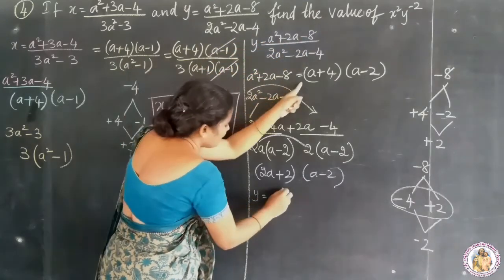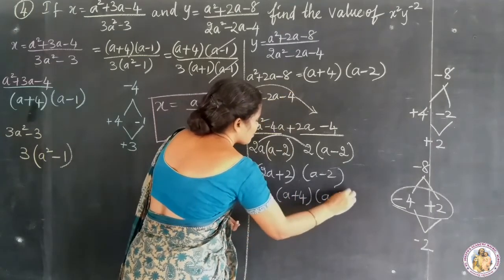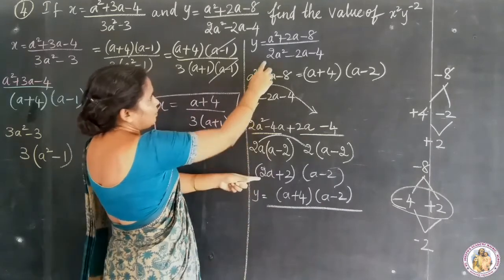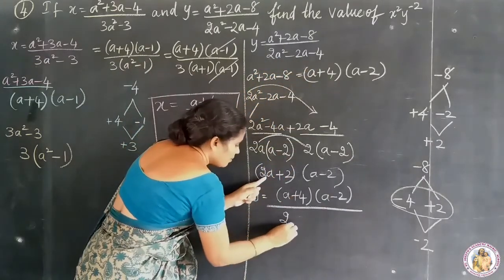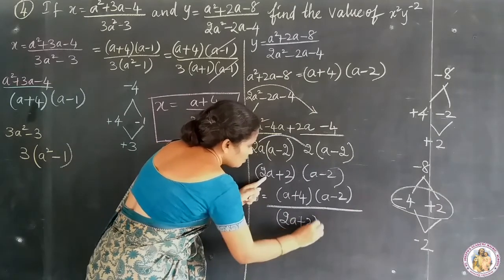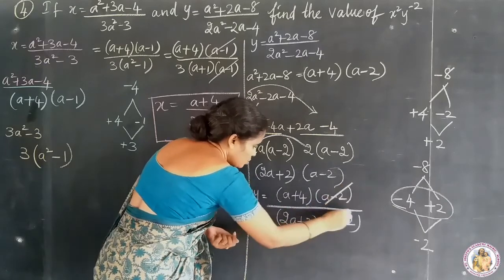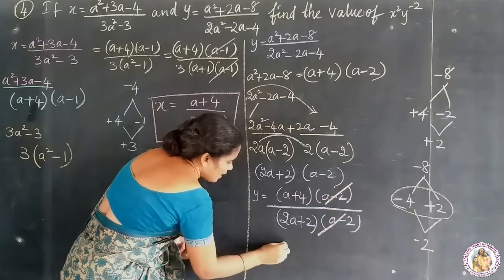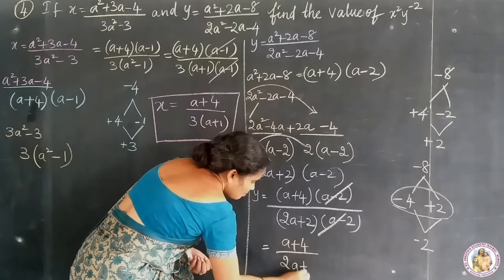We have a plus 4, a minus 2 divided by, for 2a square minus 2a minus 4 we got 2a plus 2, a minus 2. So cancel a minus 2, plus we have a plus 4 over 2a plus 2.